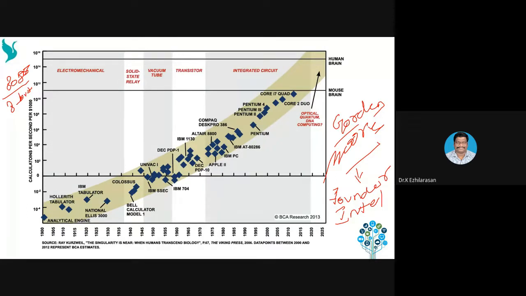One more thing I need to ask here: we are studying about the IC, integrated circuit, right. So who developed this IC, and what is the name of the person? Who is the person behind developing the IC?